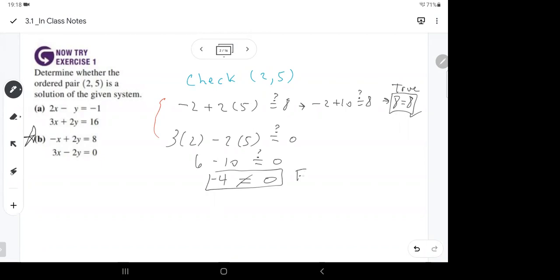So that's false. Therefore, we conclude (2, 5) is not a solution for this system. Okay.